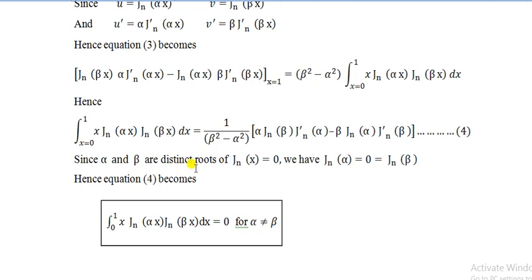Distinct roots means different roots of Jn(x) equal to 0. So we have Jn(alpha) equal to 0 and Jn(beta) equal to 0.